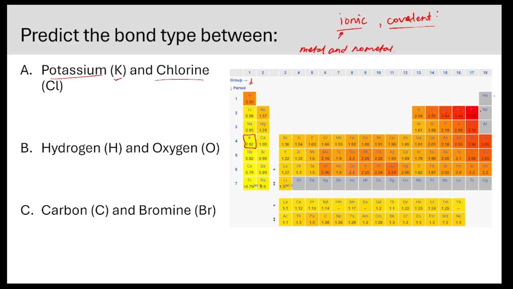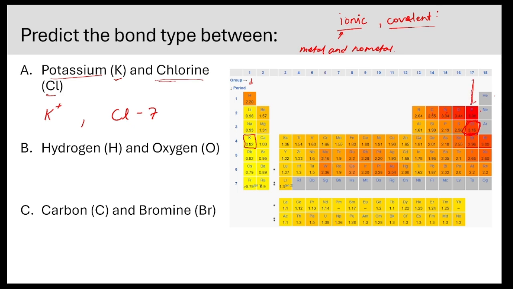The 1 is implied, so we can just write potassium K plus. And chlorine is Cl, and we can see here chlorine is in group 17, so the valence electron is 7.